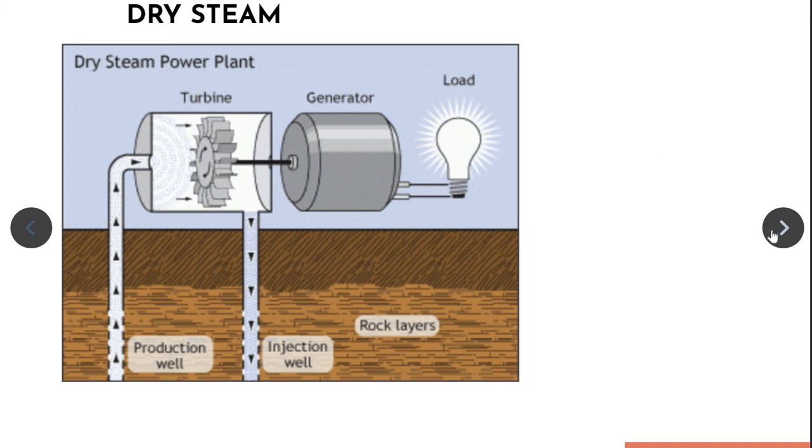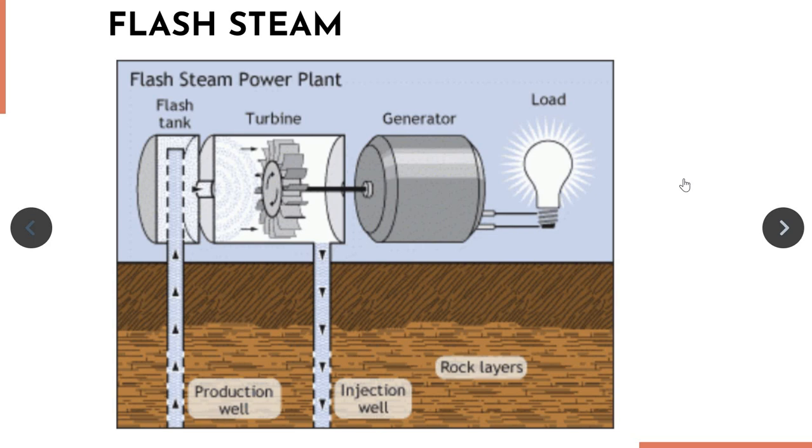The second type is flash steam power plant. Hydrothermal fluids above 360 degrees Fahrenheit or 182 degrees Celsius can be used in flash plants to make electricity. Fluid is sprayed into a tank held at a much lower pressure than the fluid, causing some of the fluid to rapidly vaporize or flash.